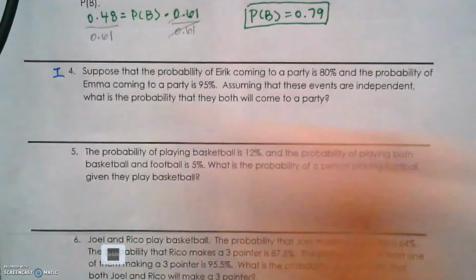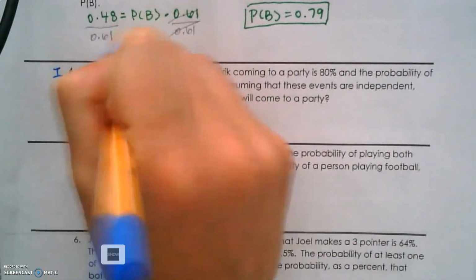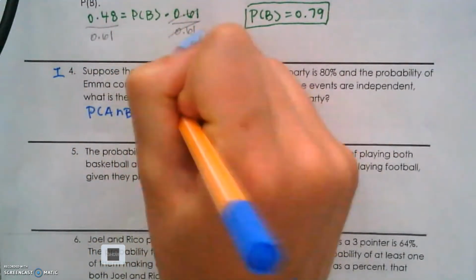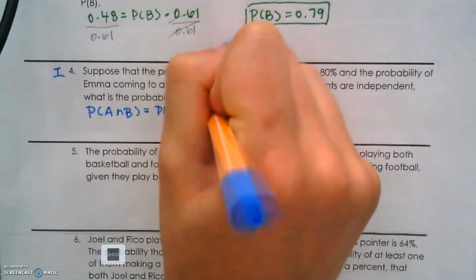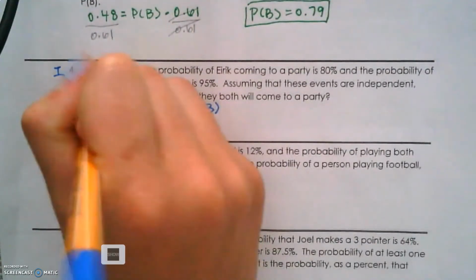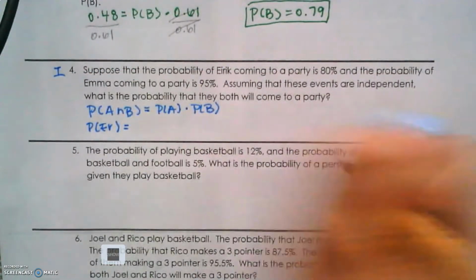If we're using independent, we want the probability of A and B equal to the probability of A times the probability of B. We have the probability of Eric, and that's 0.80.